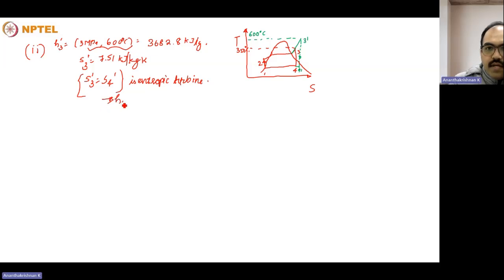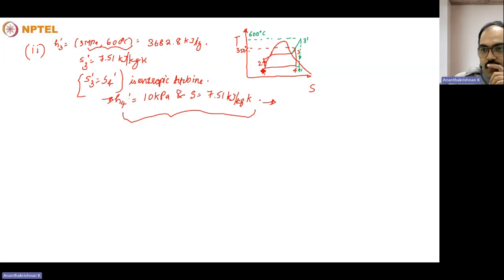So H4 dash will be calculated at 10 kilopascal, and S is equal to 7.51 kilojoule per kilogram Kelvin. For that particular condition, we need to find the dryness fraction. Where exactly does it fall on the line?